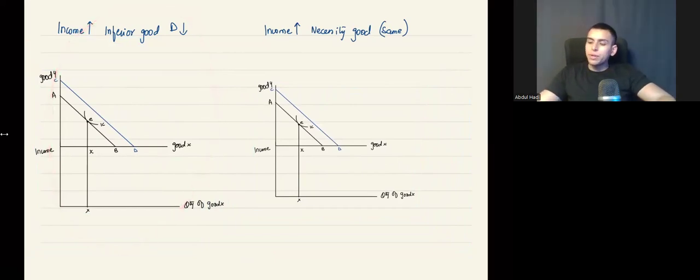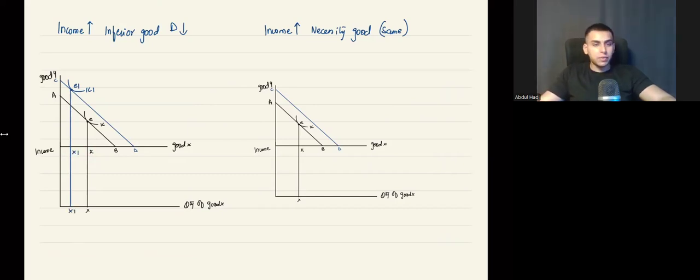Now if we talk about inferior good, there should be a negative relationship, right? If my income level is rising, my demand should fall. So this is my current position of good X. My new equilibrium should be behind this quantity of good X to show a decrease in consumption, because my income level is rising. So my new indifference curve will be somewhere like this: IC1, equilibrium E1, and this is my equilibrium quantity X1.